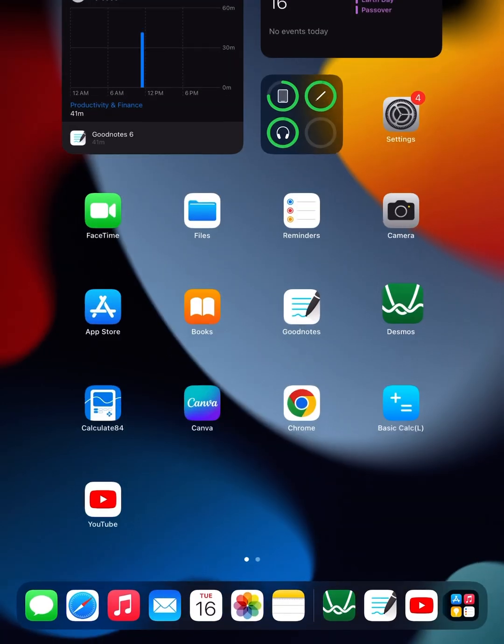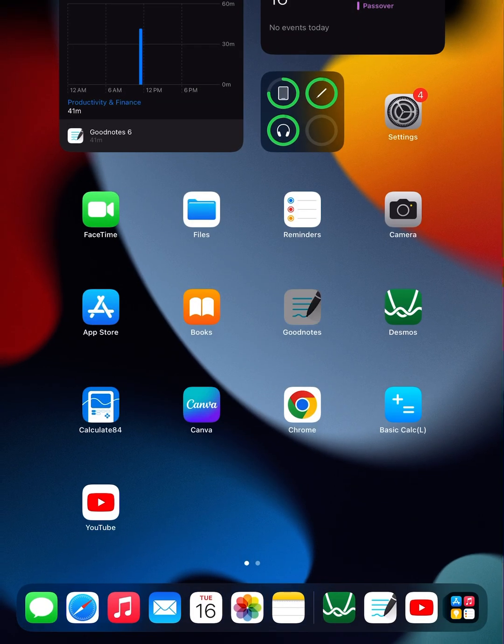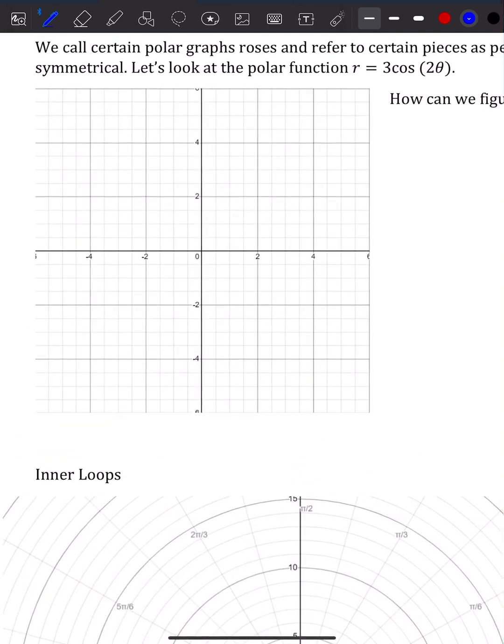So our graph that we're dealing with here is going to have the highest x and y value of 3. But every time it comes back to the center. So it's going to look something like this.